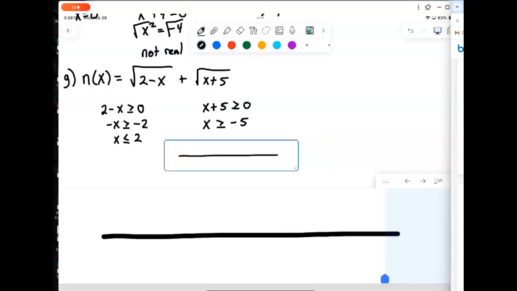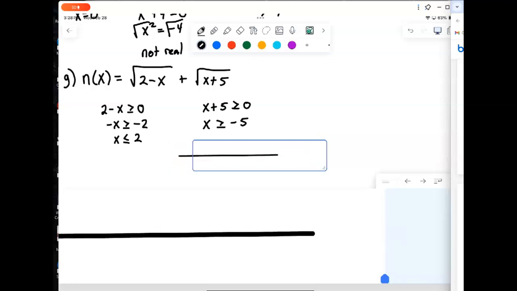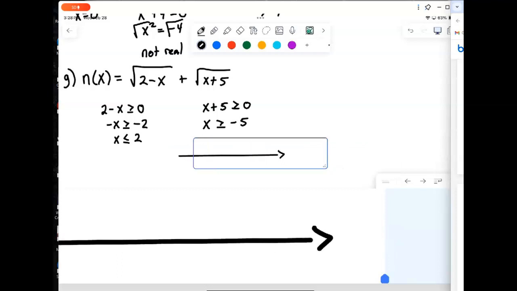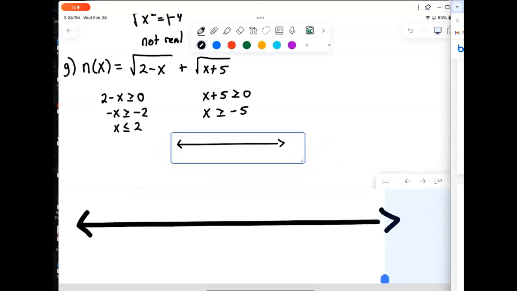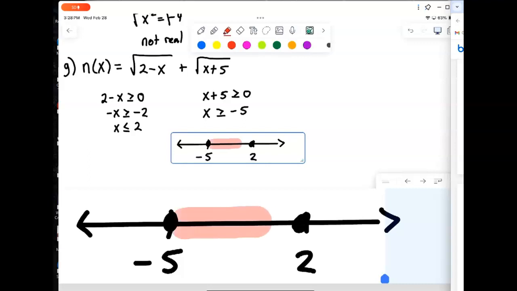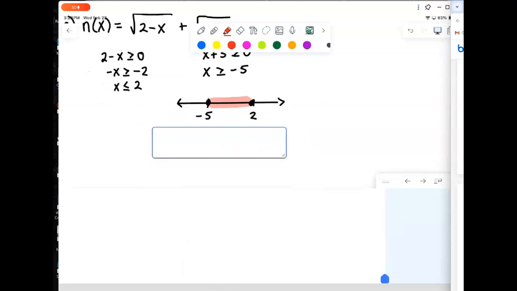So since it has to be both below 2 and above -5, and including those values, that actually gets us into a compound inequality where we have to be between -5 and 2.